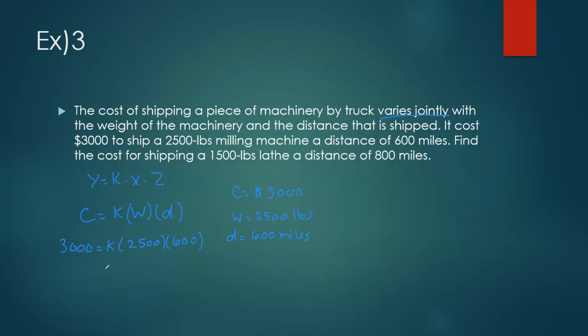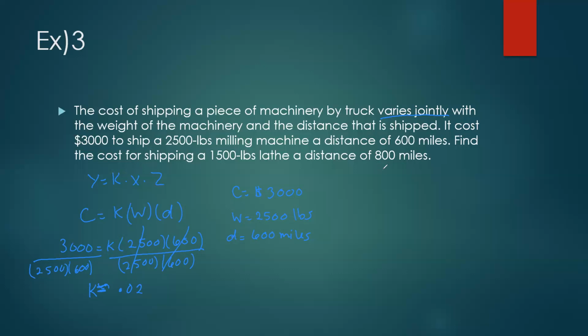Solve for k by dividing both sides to get rid of the 2,500 and 600. Cancel, cancel, and you get k is 0.002.